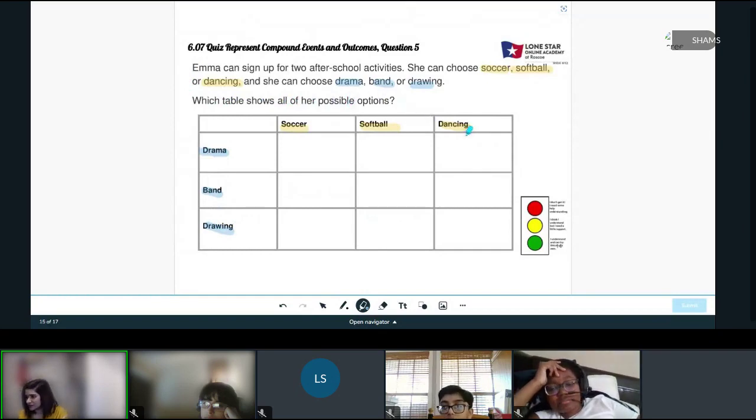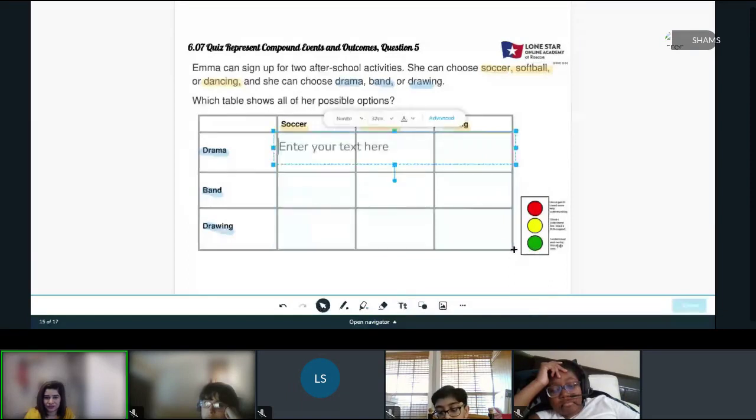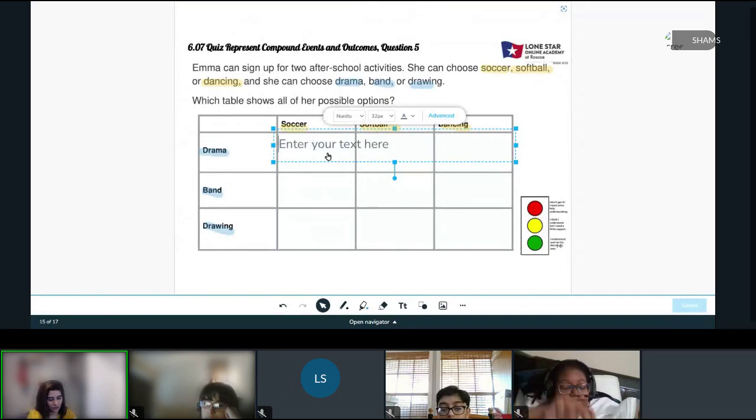It had answer choices, but my slide could not fit in so many tables. I just created a table and we can fill it out. Joycelyn is going to handwrite, but I'm not going to handwrite. I'm going to use the typing tool. So first box, definitely, first option she can go is soccer, right?